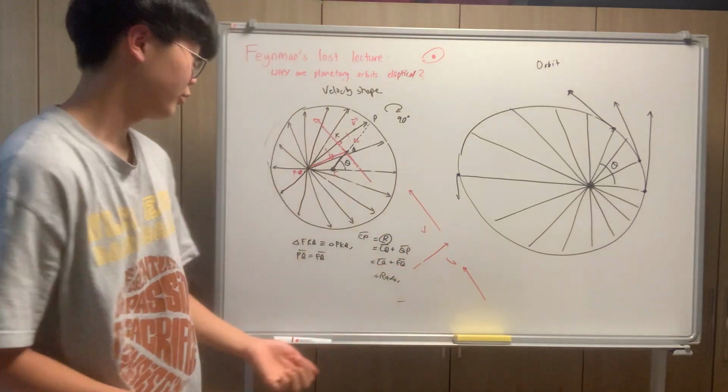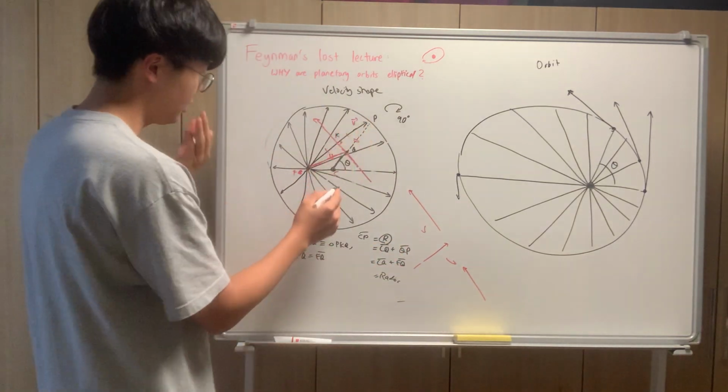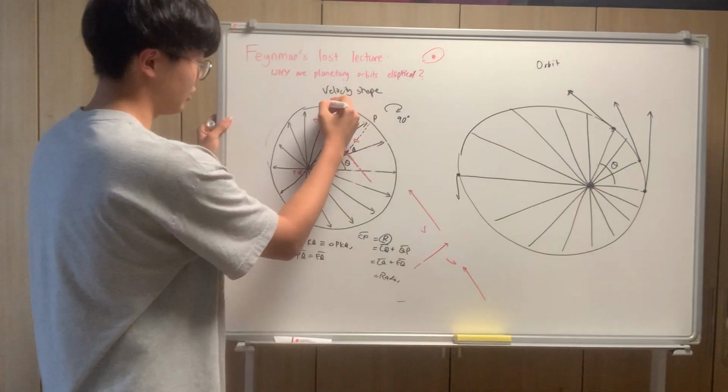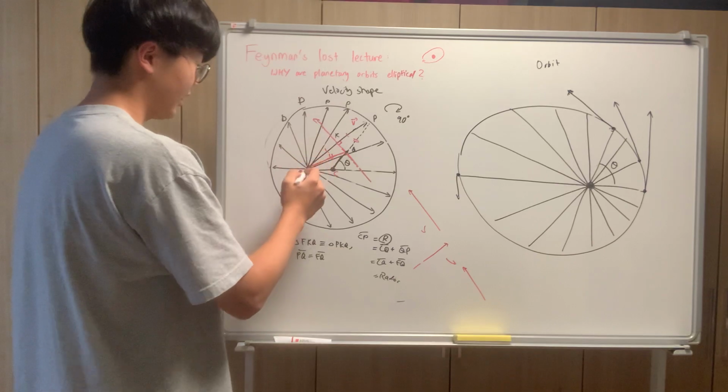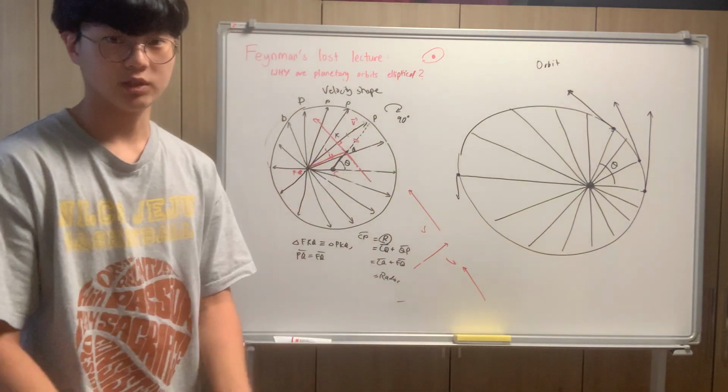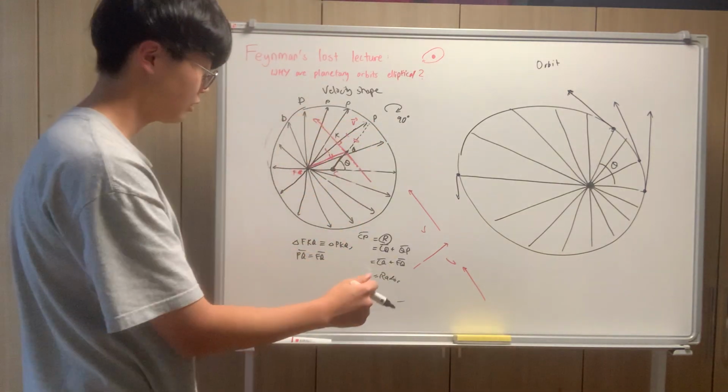We all know that the radius from C to any P, this could be P2, anything could be P, does not change in a perfect circle.